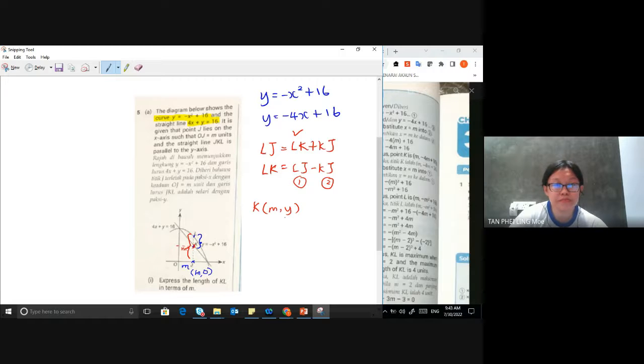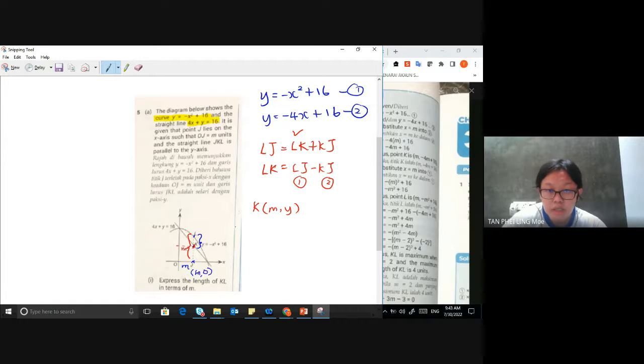Do you agree? Now my K is on the straight line, so I have equations 1 and 2 here.